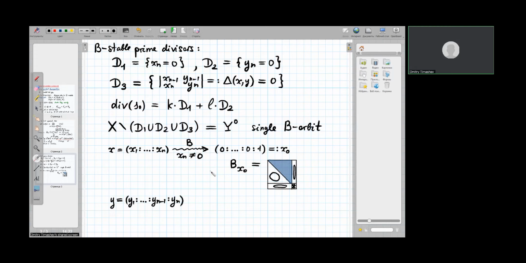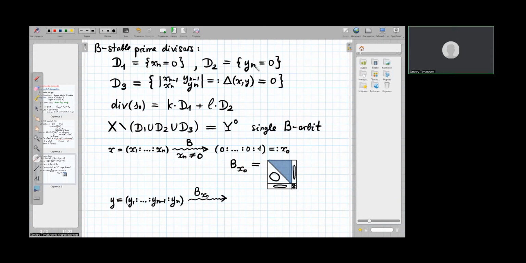But at the same time, we do not want to destroy this x0. So we have to act on y by the stabilizer of x0. And we do it under the condition that our point does not belong to the union of these divisors.